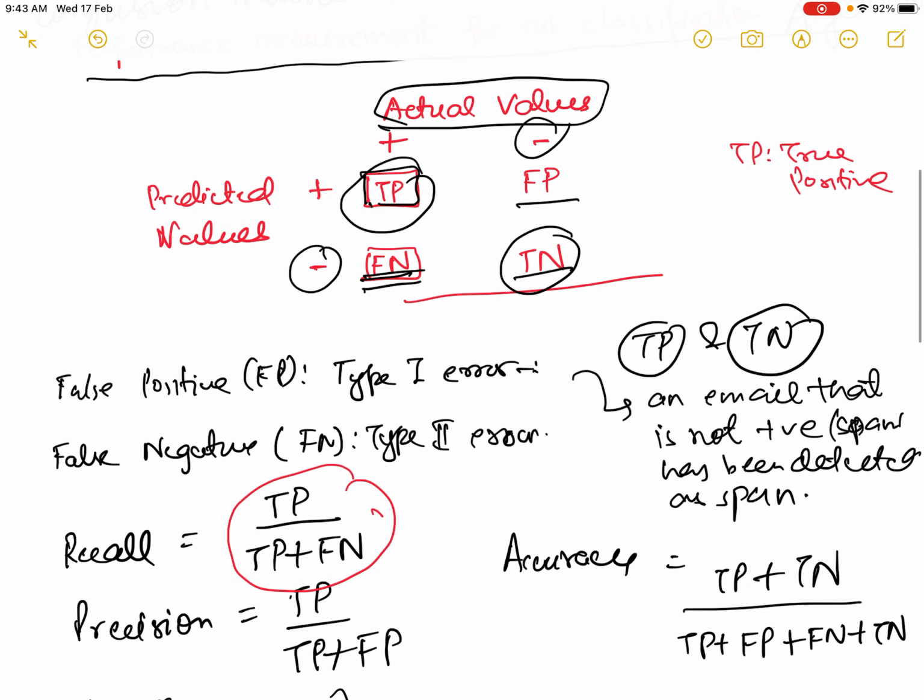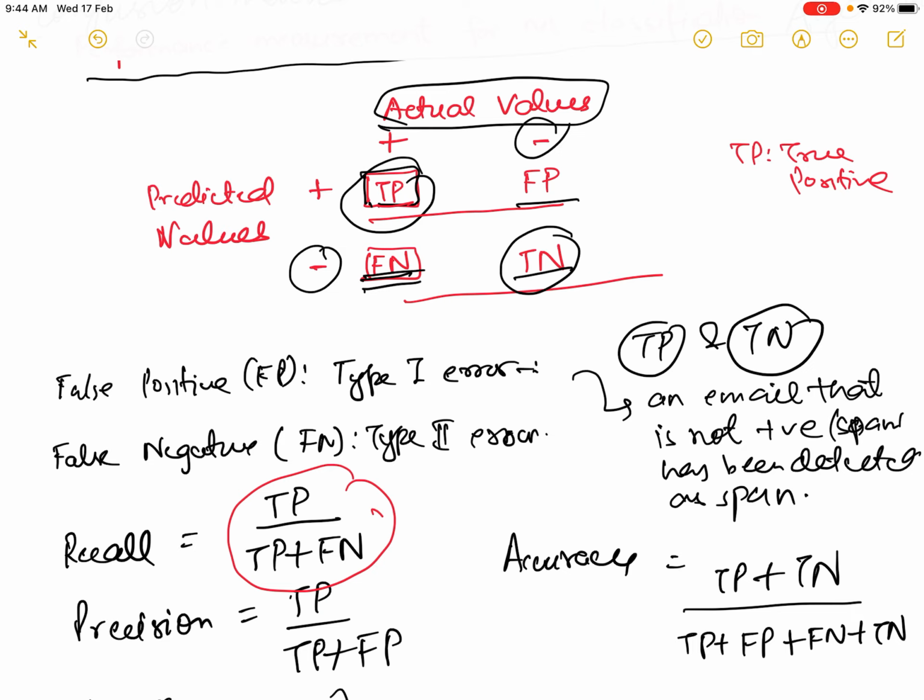It means that out of all the actual positive classes, how many we have predicted correctly. Let me explain again, as I made a small mistake. Recall is nothing but true positive upon true positive plus false negative.